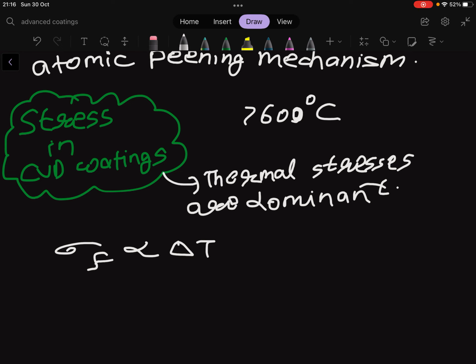We can have some additional contribution to the total stresses. For example, in many CVD processes, we can have incorporation of atoms that are given by the byproducts. So the nature and the magnitude of the residual stress in CVD coatings are primarily a result of the difference in thermal contraction between coating and substrate material.